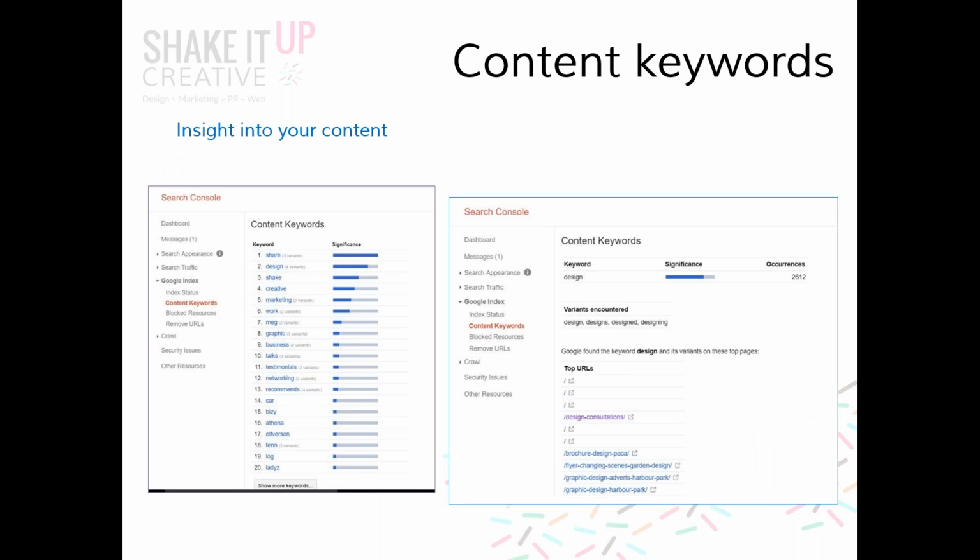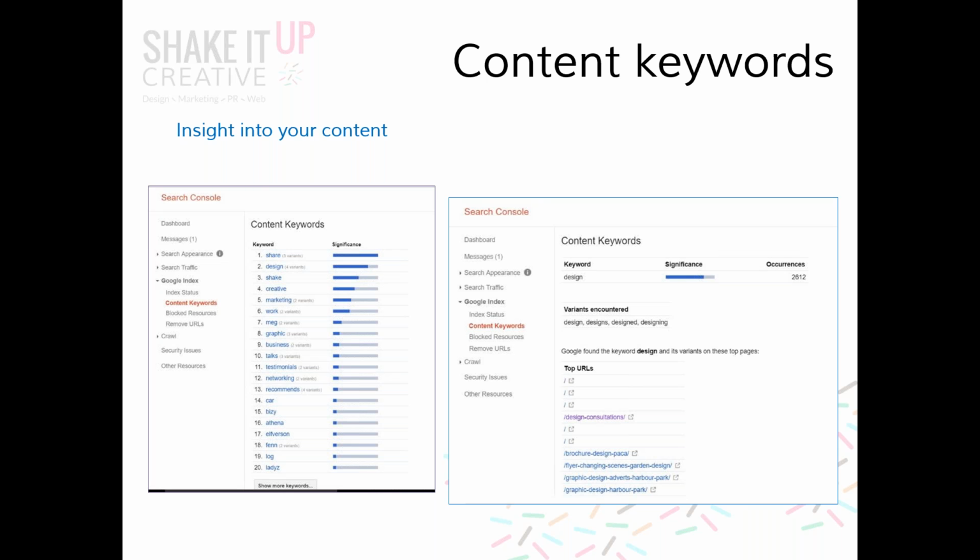Content keywords. We're having a bit of a look into an insight into your content here. This list of words provides insight into how Google is interpreting what is on your website. The significance of each word reflects how often it's found across the site's pages. You can click each keyword to see examples of pages on which it appears, and the list can help you see if there is a highly relevant term that perhaps is not being seen as significant enough.